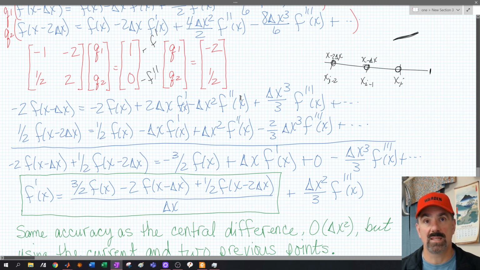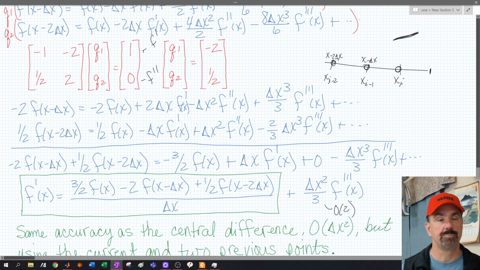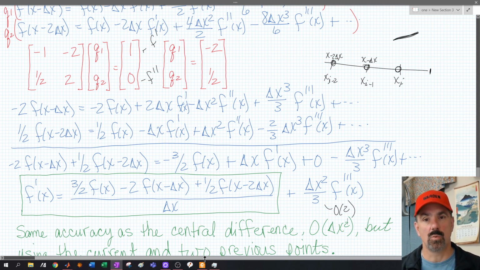And we get the f double prime term to cancel. So what we have left over is a delta x cubed term, which is going to give us, again, when we solve for f prime, this representation here, and it's order 2. Well, doesn't this look familiar? 3/2, negative 2, 1/2.